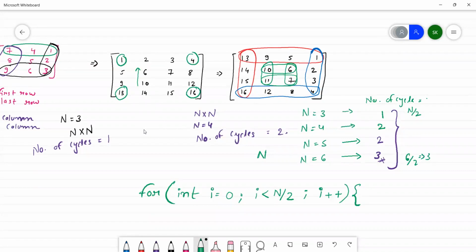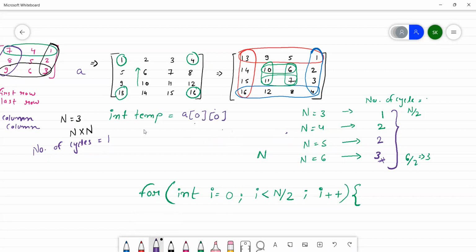So initially, you just copy this initial number to a temp variable. I will write here. Int temp is equals to, I'm taking this as a matrix A, so A of 0, 0.